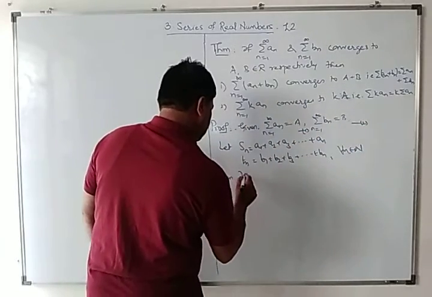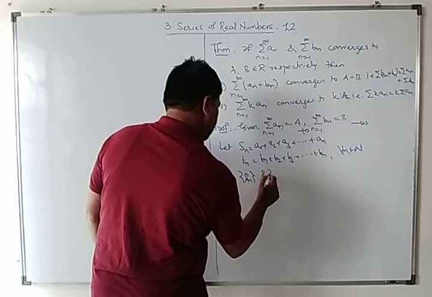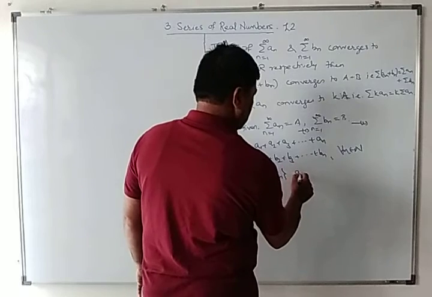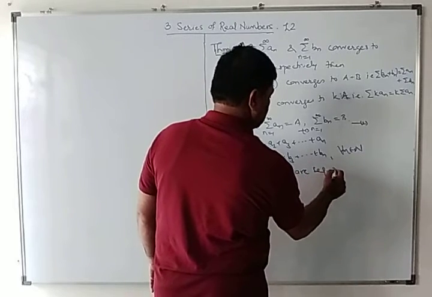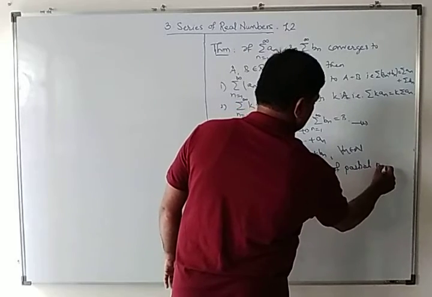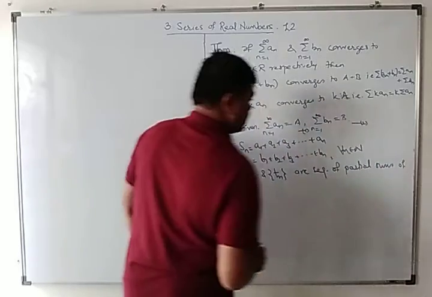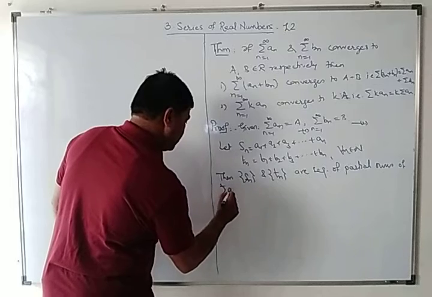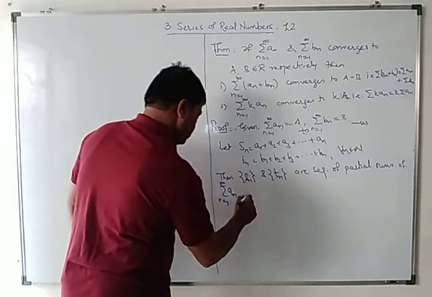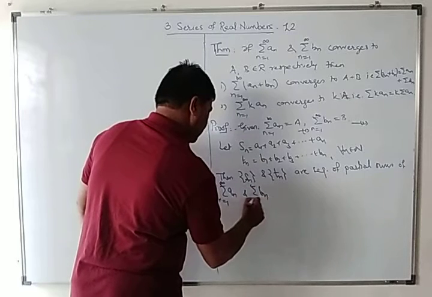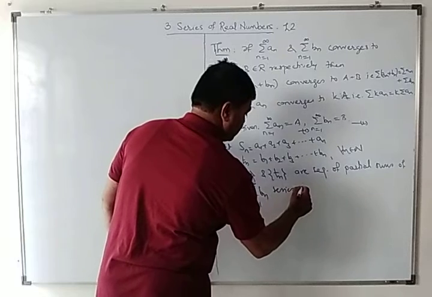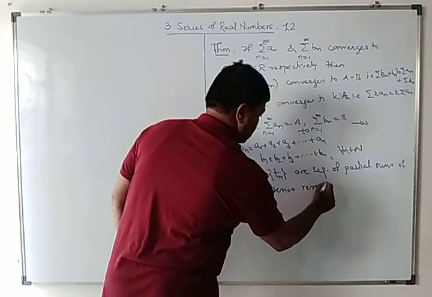Then Sn and Tn are sequences of partial sums of the series summation an and summation bn, n equal to 1 to infinity, respectively, right?